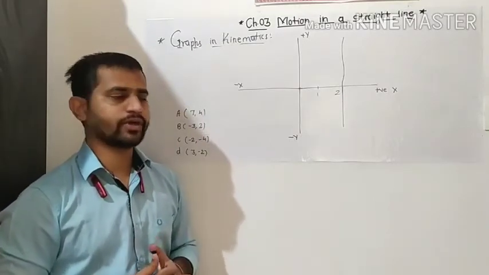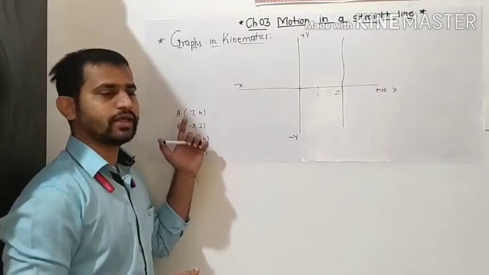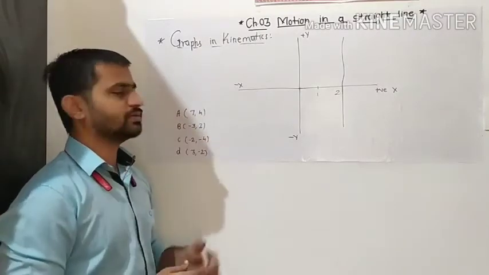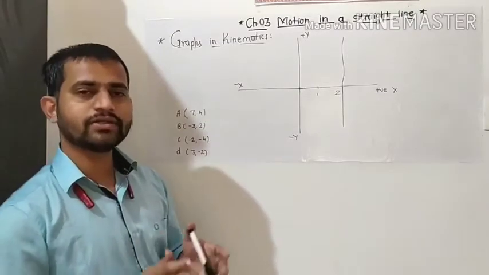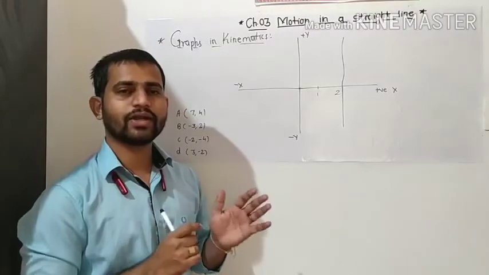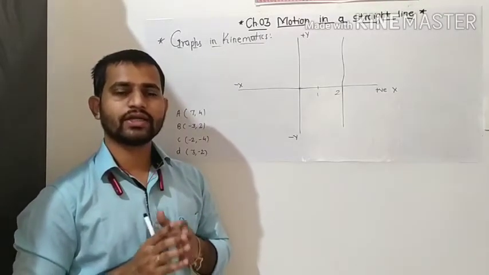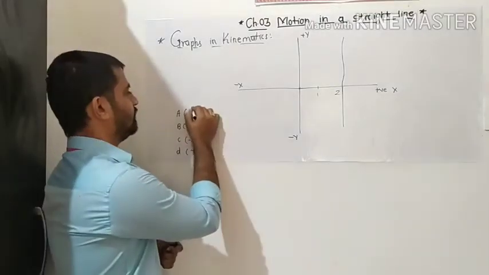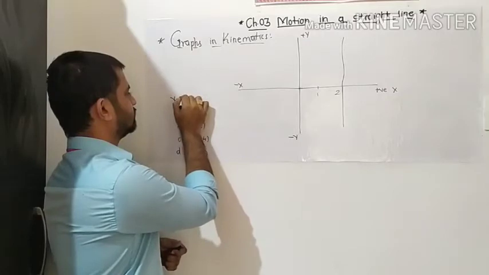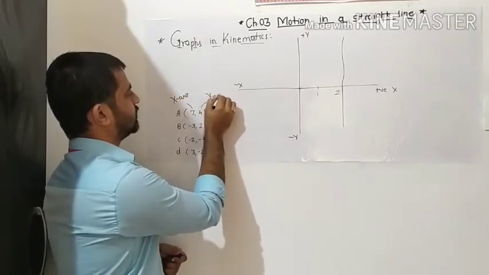Suppose the point A is here and I have to show this point A, then what is the coordinate of this point? It is 7 and 4. And remember, each and every time, the first coordinate is along the x-axis only. That is, the first coordinate will represent the x-axis and the second coordinate will represent the y-axis.